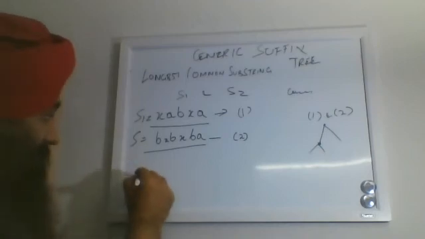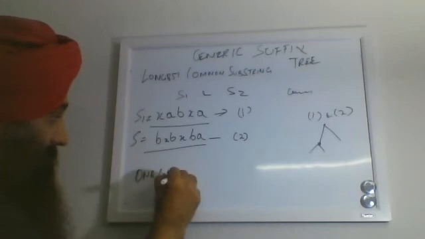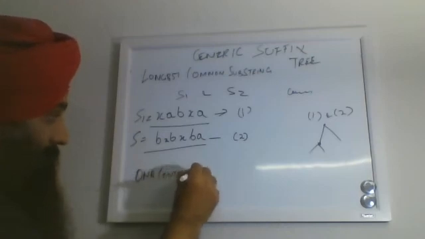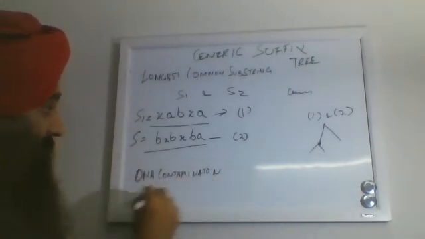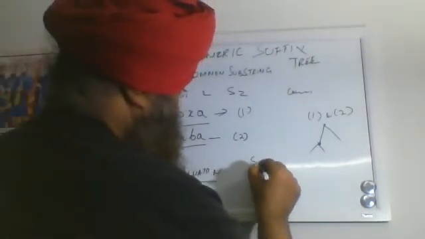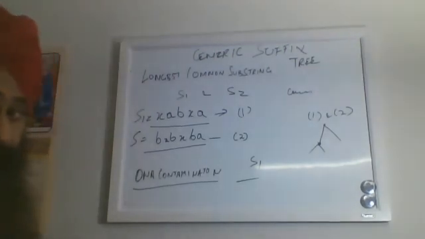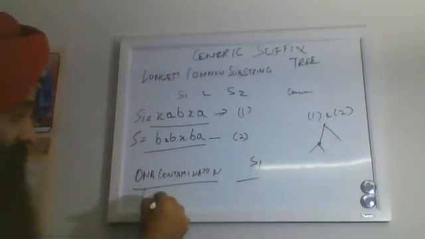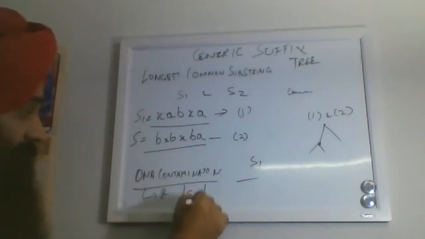This is something like finding DNA contamination. Suppose we have a DNA S1, right? DNA is used for various things, for research, for crime solving purposes.